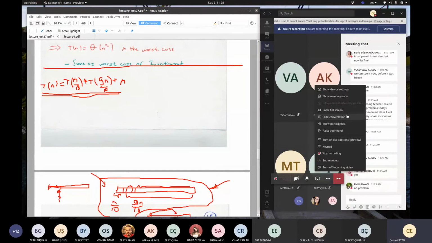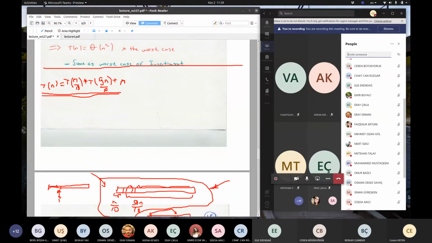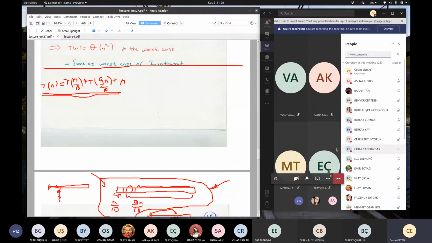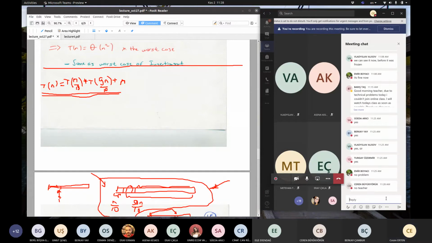So let's just ask some people randomly. Ceren, do you remember the master theorem? Is Ceren still with us? Anybody remembers the master theorem?